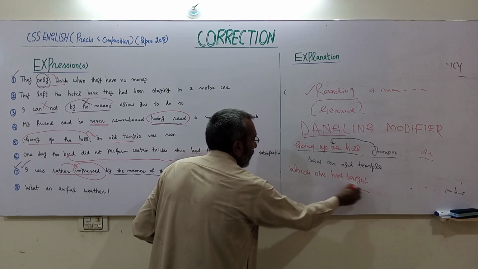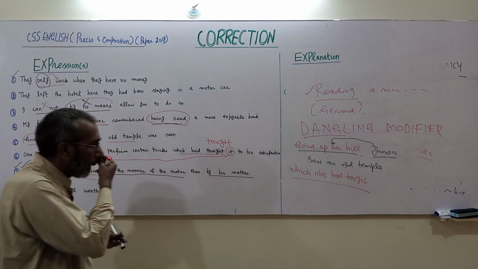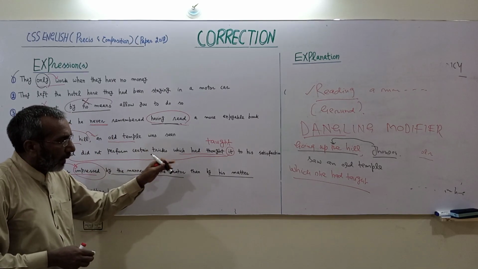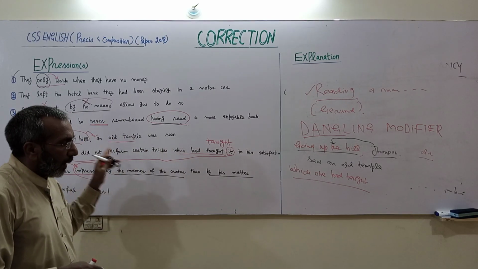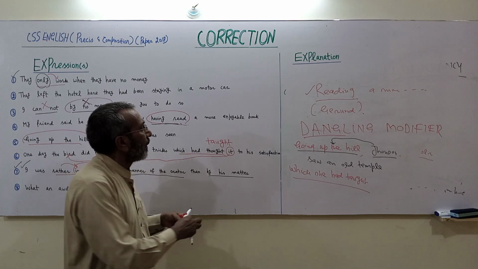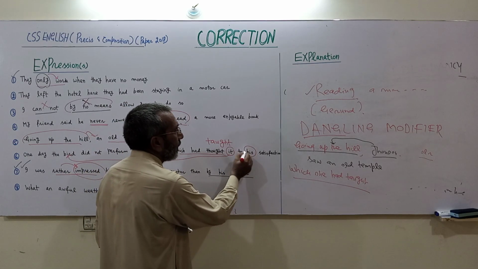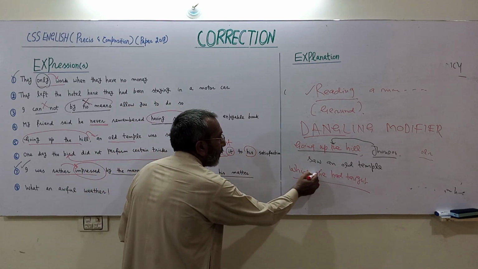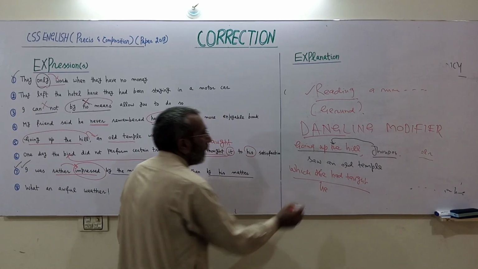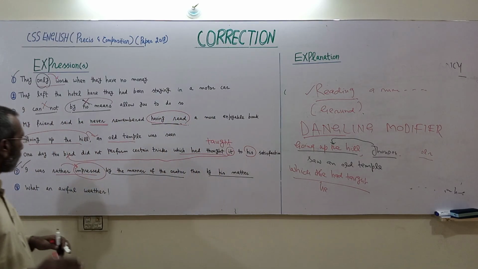Clear? Now the sequence is fine. Which she had taught, it means that bird, and to his satisfaction, because over here we are saying his satisfaction. So we cannot use she. Obviously it could be he. So the expression would become like what?